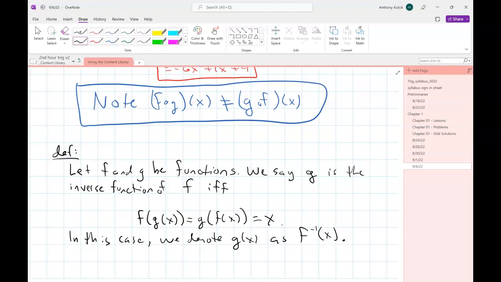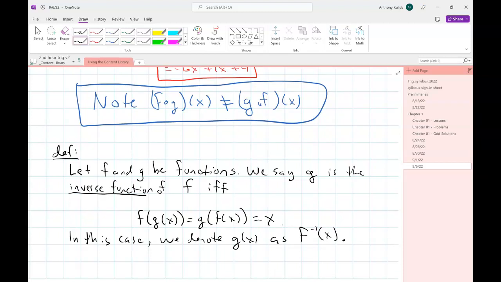If f and g are two functions, we call g the inverse function of f if and only if the composition of f and g is the same as the composition of g and f, both of which simplify down to just x.